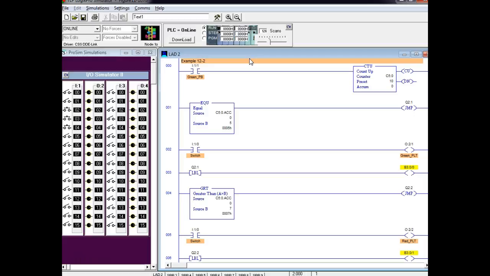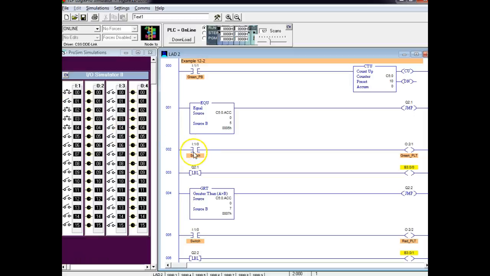Okay guys, so what is this going to do? So we can start our counter. Let's change this to a push button instead of a switch. Right now we've got this set up to count to 10. If it's equal to 5, we should jump over rung 2.